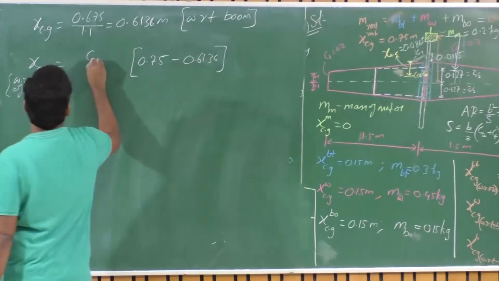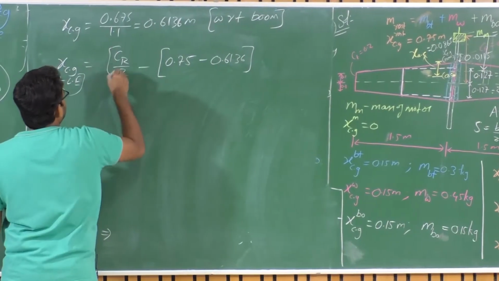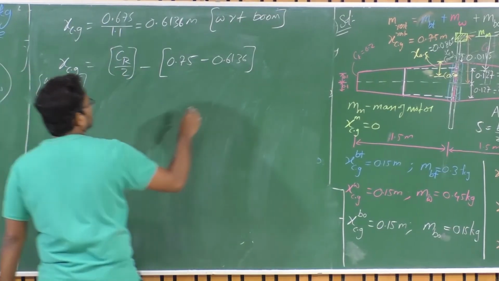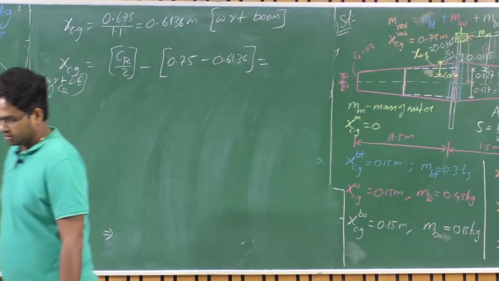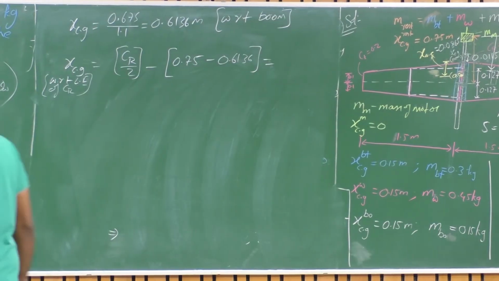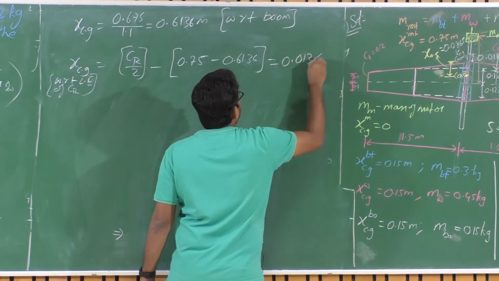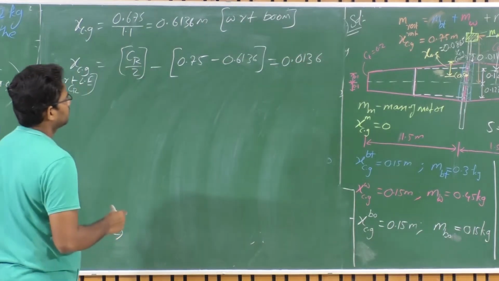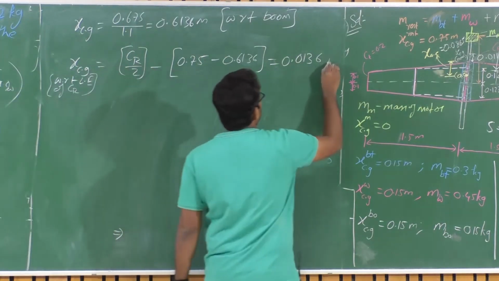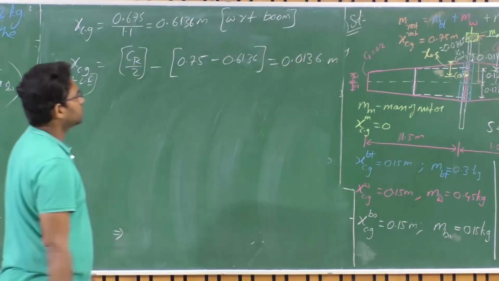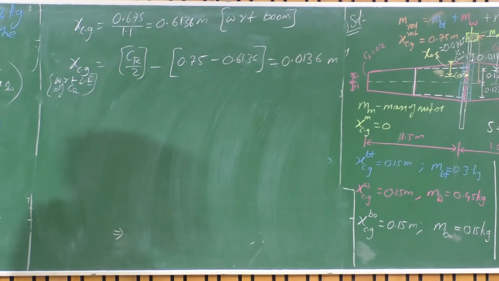So this minus CR by 2. From this I am subtracting that. What I end up with is about 0.0136 meters, so 1.3 centimeters, like 13 mm behind the leading edge of the root chord.